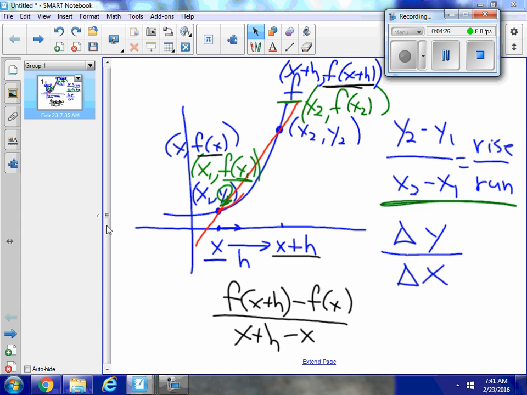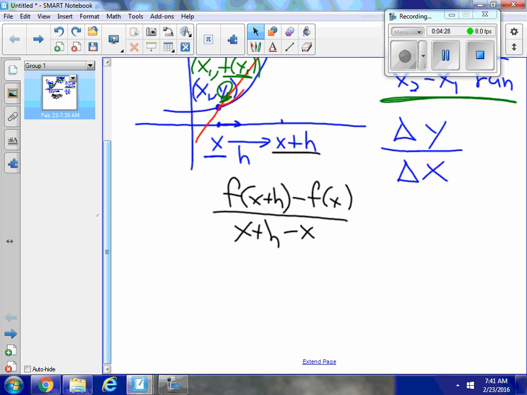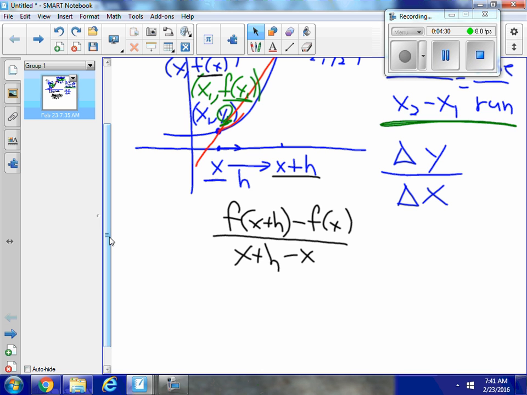But notice something, and this is probably beginning to become a little bit more familiar. Here, I have x minus x. So those are going to go away. And what I have is f of x plus h minus f of x over h. That is the slope of the line. That is the slope of that tangent line right here.